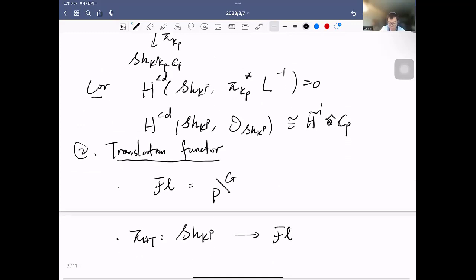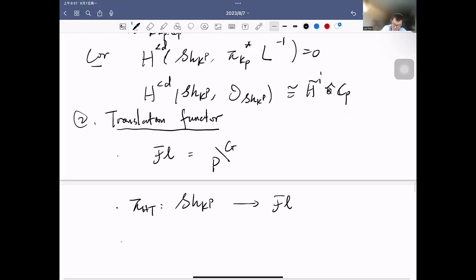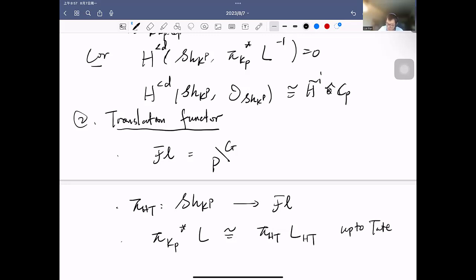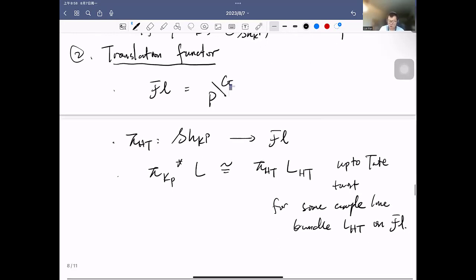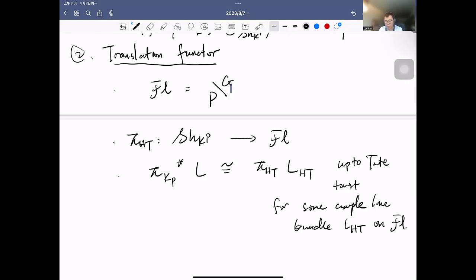One property of this Hodge-Tate period map is that it is G(Q_p)-equivariant, and moreover, our ample line bundle, because we chose it to be automorphic, is isomorphic, up to a twist, to the pullback of some ample line bundle L_HT on the flag variety. So in some sense, the geometry is all described by the flag variety.